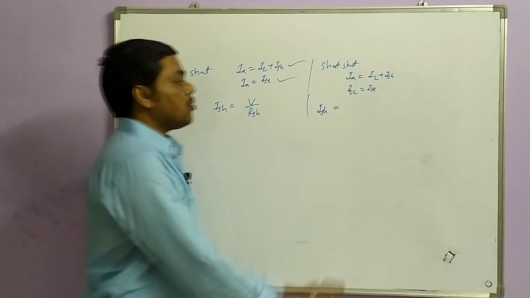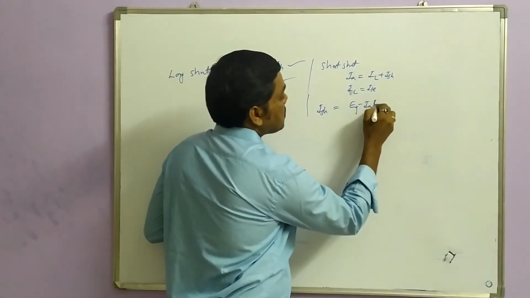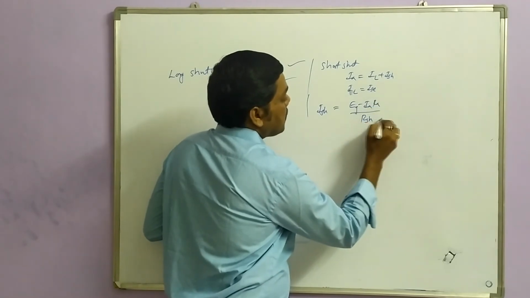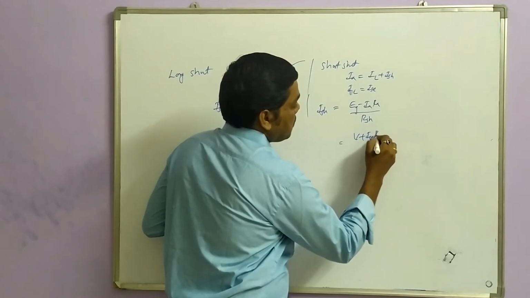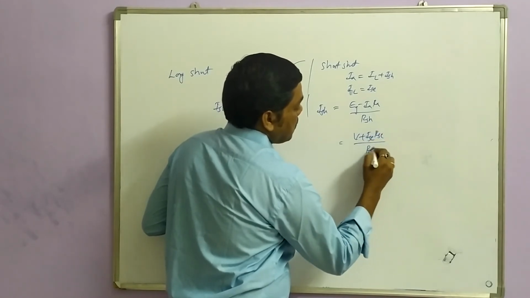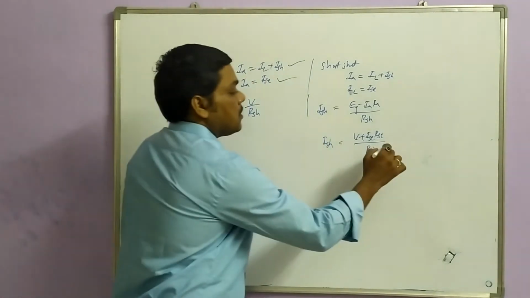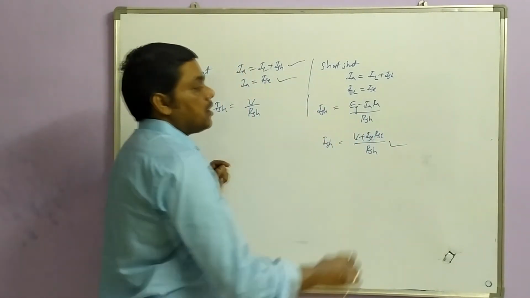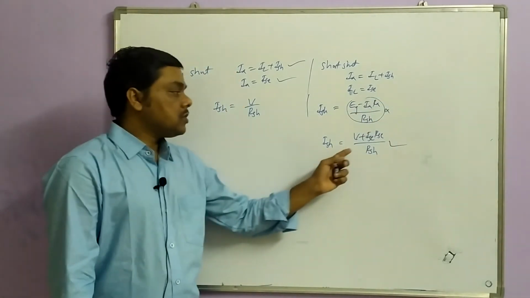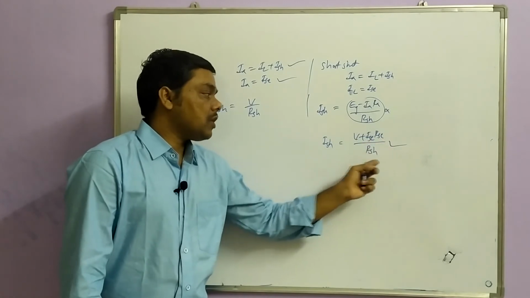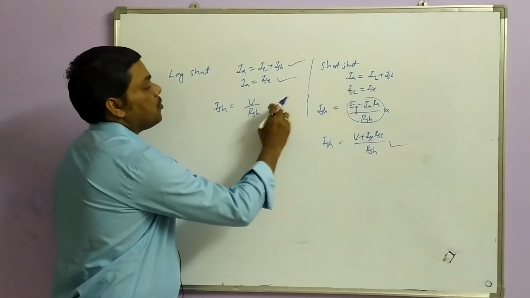In short shunt compound generator, it can be written as (Vg minus IaRa) by RSH, or (V plus ISC into RSC) by RSH. This is easy, you can remember. So ISH is equal to (V plus ISC into RSC) by RSH, whereas ISH is equal to V by RSH.